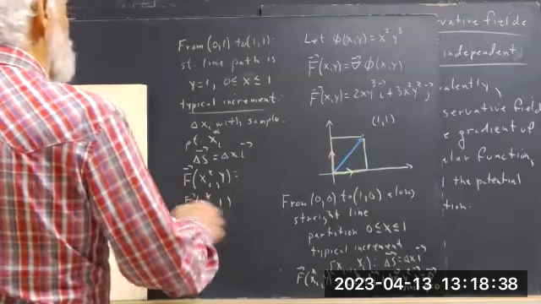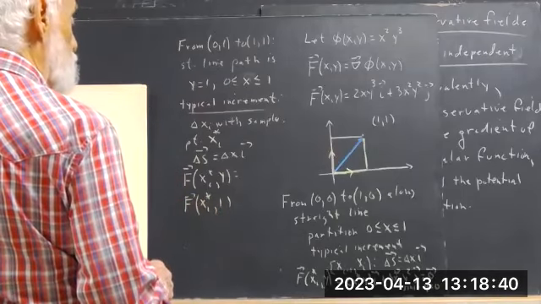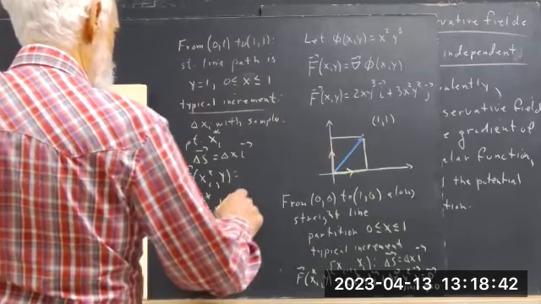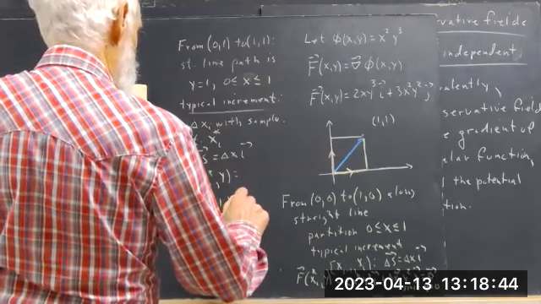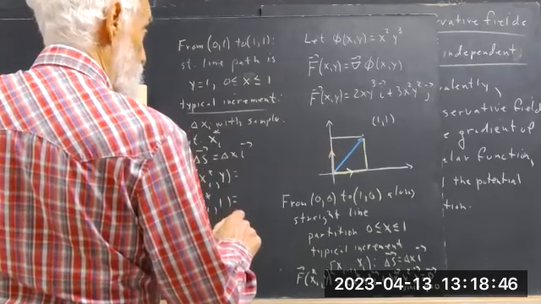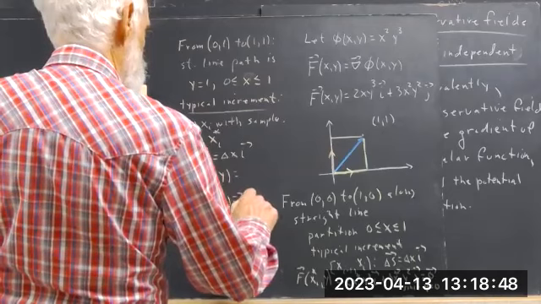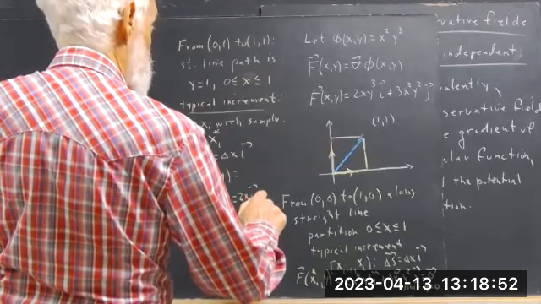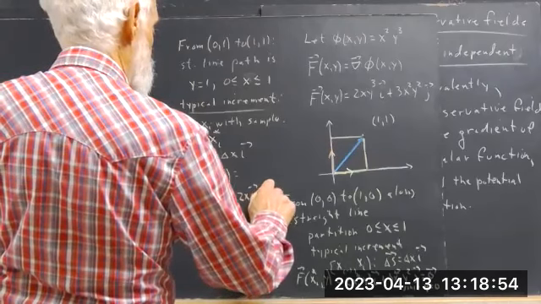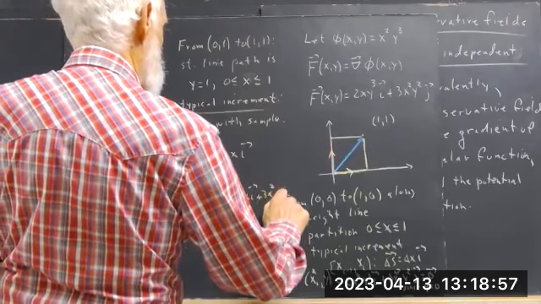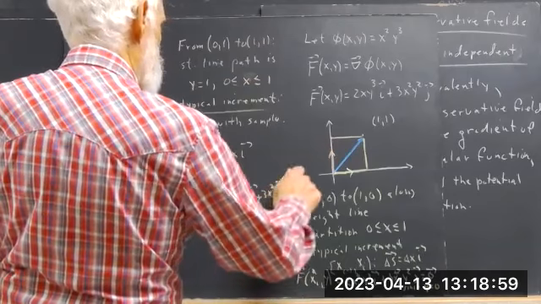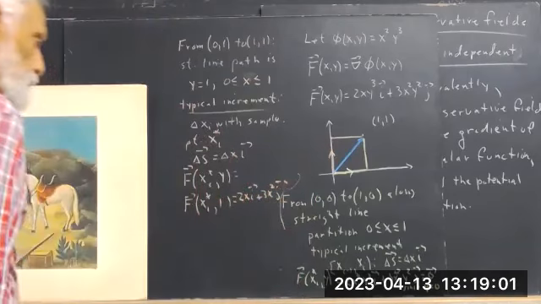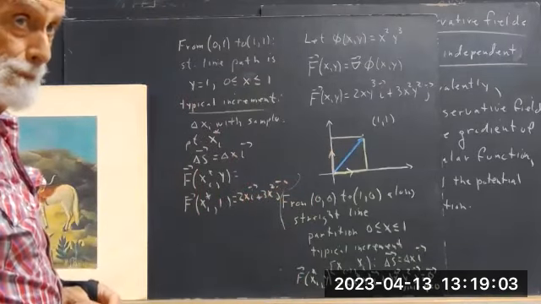Okay, so now that's I star 1. F is just 2xy i plus 3x squared j. Agree?